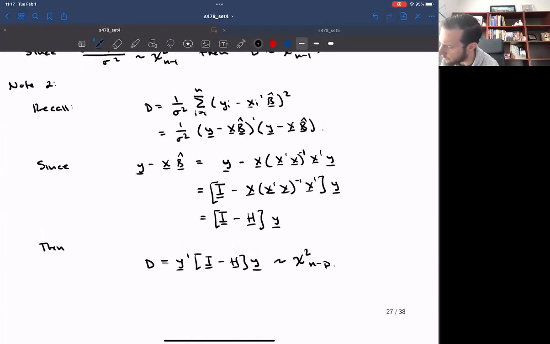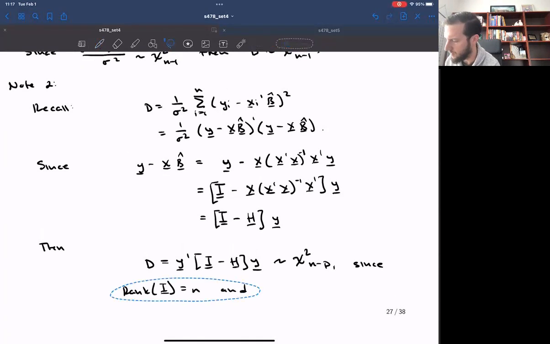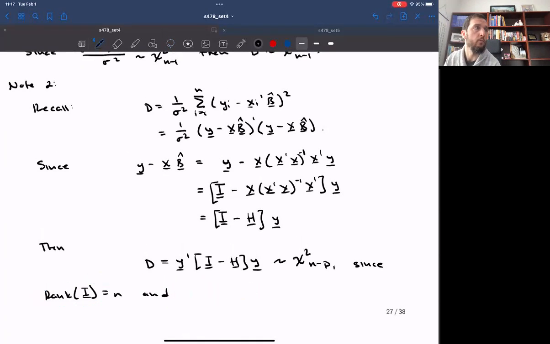Well, I should say this is distributed chi-square n minus p since the rank of I is equal to n and the rank of H is equal to p.